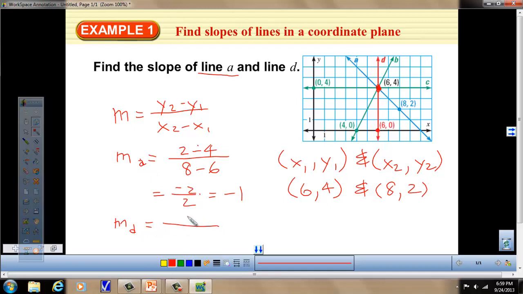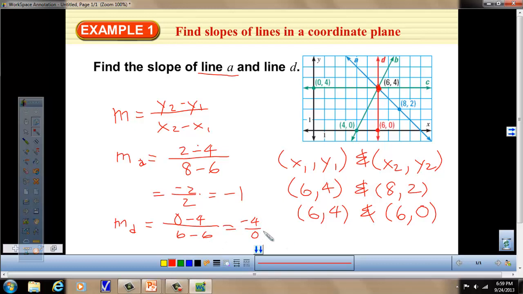So in this case, we're going to take the 2 points, which are 6, 4 and 6, 0, and we do the y's first, so we get 0 minus 4, and on the bottom we get 6 minus 6. So on top we have a negative 4, on the bottom we have 0.